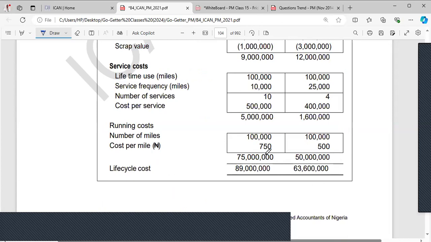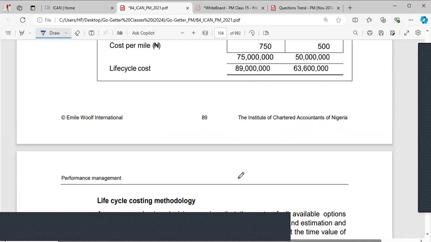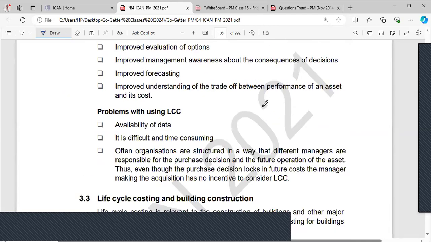So sometimes you see the trade-off and you now say, oh, even though I'm buying this at life cost of 89, I might have to share the cost into so many units, okay? And the life cost per unit might be reduced. So life cost is important. Life cost per unit will now make you know which one of them is to be done. So that's the trade-off between the asset and its cost.